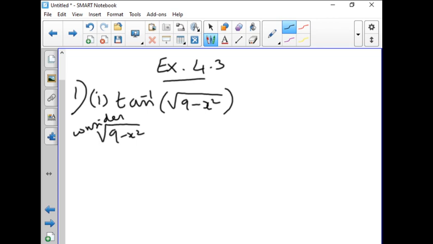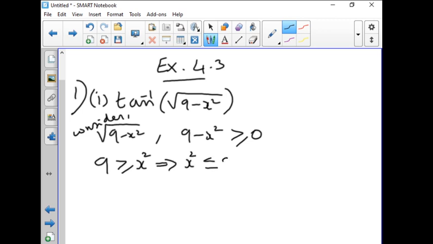When you consider this, 9 minus x square should be greater than or equal to 0 because we have the square root. So when this is greater than or equal to 0, what do you have? 9 is greater than or equal to x square, so x square is less than or equal to 9. That can be written as modulus of x is less than or equal to 3.